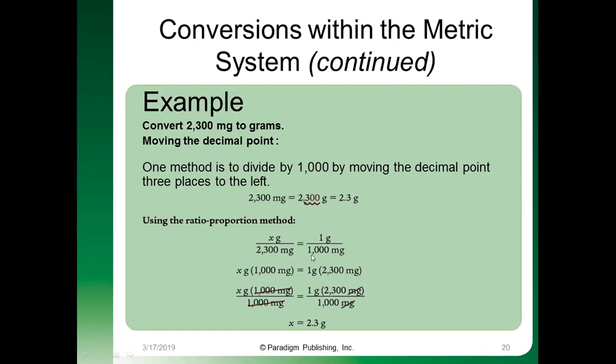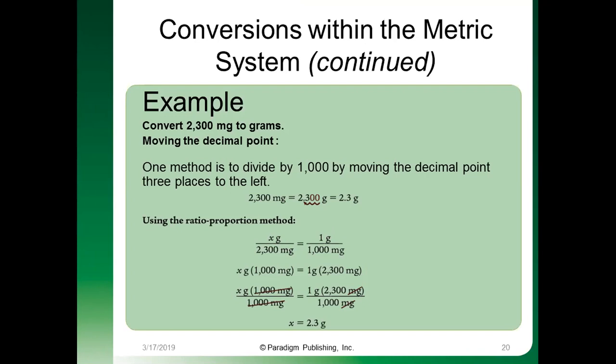And from our tables, we know that 1 gram is equal to 1,000 milligrams. So 1 goes on top, 1,000 goes on the bottom. And X grams, because that's the unit that we want to find, would be on top, and 2,300 milligrams would be at the bottom, or in the denominator.